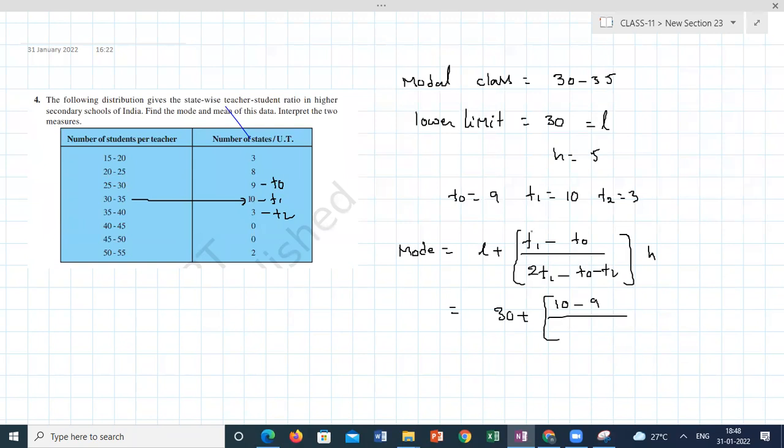Sorry, you never get negative, because F1 is the highest of all the frequencies. If you are getting negative, that is wrong. So 20 minus 3 into 5. So 30 plus 1 by (9 minus 3 is 12) 8 into 5. So 30 plus 5 by 8 is the final answer. Do it and let me know what is the final answer.